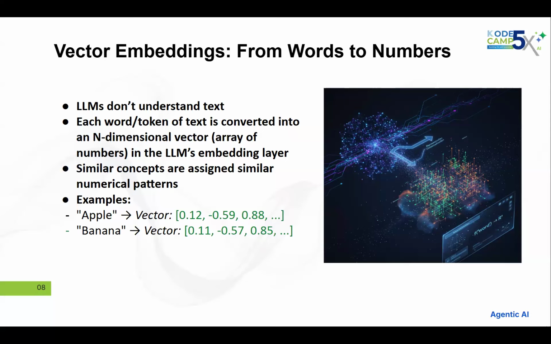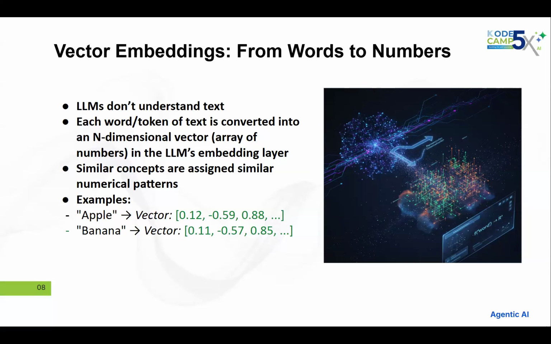Now, earlier on in the course, we had explained that LLMs don't understand text the way we do, that they operate on number representations of natural language text, and they operate on tokens, and these tokens are represented as numbers.